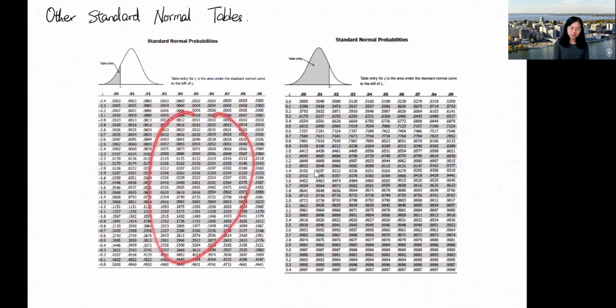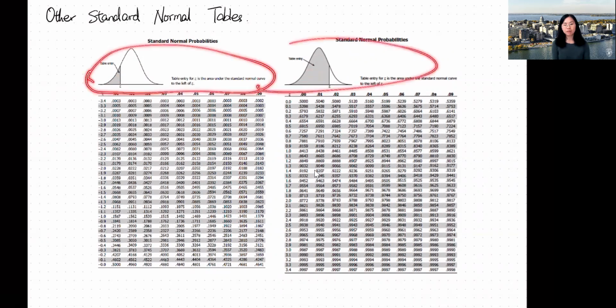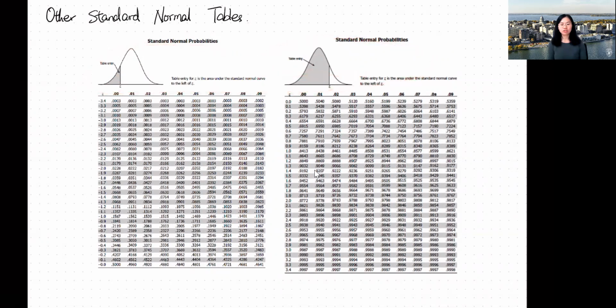The numbers in these tables are in fact the lower tail probabilities, not the probability that the standard normal random variable is in between z and 0. Not this, but the lower tail probabilities. Okay, so when you use the normal tables, you should be aware of what the numbers shown in the table are. And those should be described at the beginning of the table.